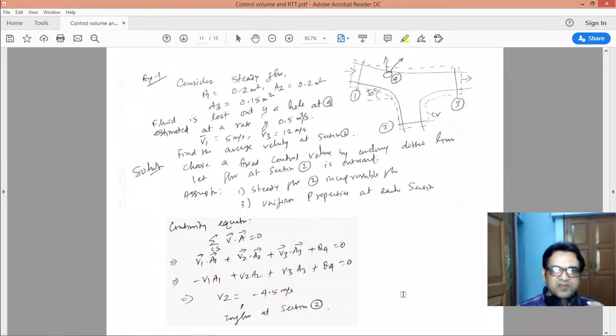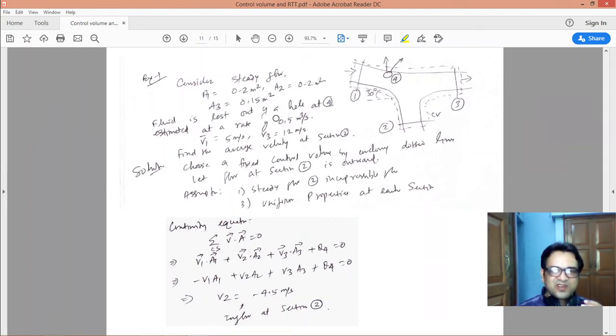So let's solve a small example. Suppose a steady flow: fluid is entering at one inlet, fluid is leaving at one surface, and at cross sectional area 2 we don't know whether the fluid will leave or enter. A1, A2, A3 are given.